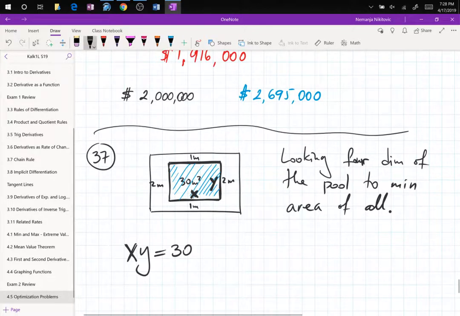X plus 2? No, it's X plus 4. Because there are two sides by 2 meters each, so it's extra 4 meters, right? This much is X, and then you have a 2 over here and 2 over here. So X plus 4. How about this side?